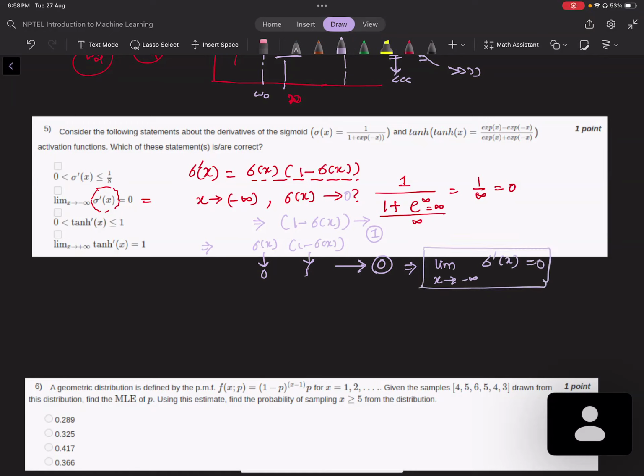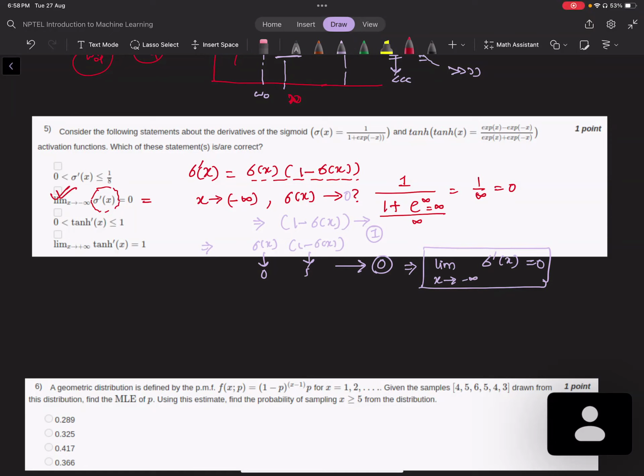Option B is correct. See, someone has answered already. B and C, B and D, C. B is correct. Then C, then we'll see other options.